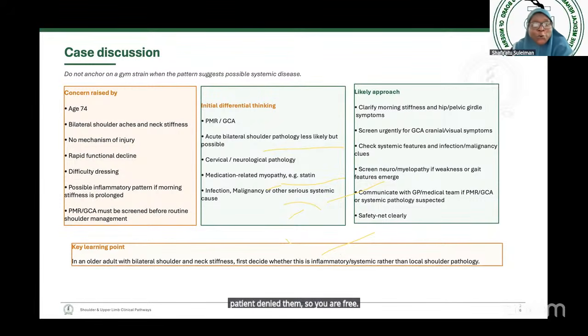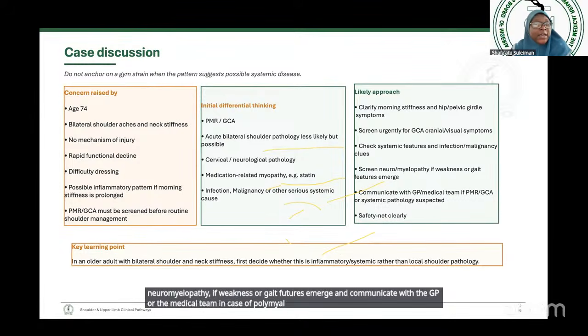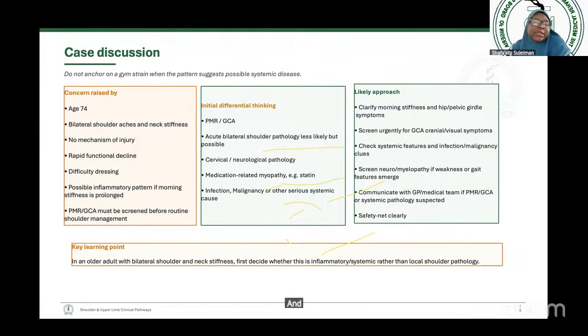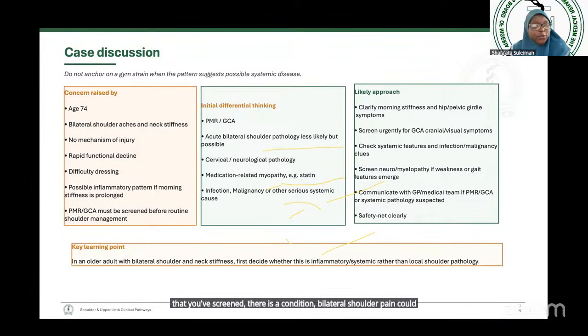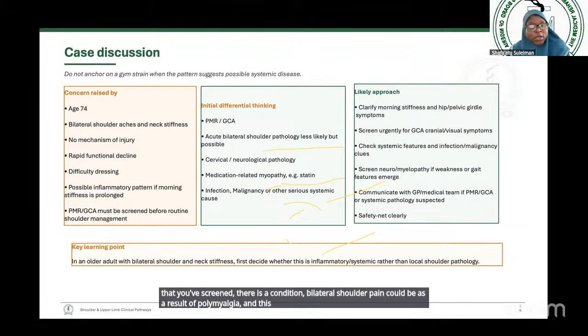Screen for neuromyelopathy if weakness or gait features emerge, and communicate with the GP or the medical team in case polymyalgia rheumatica, giant cell arteritis, or systemic pathology is suspected, because obviously that's urgent. And you safety net clearly. If you screen and everything is negative, then you treat as MSK, but you have to safety net the patient that you've screened, that there is a condition, bilateral shoulder pain could be a result of polymyalgia, and this is the pattern.